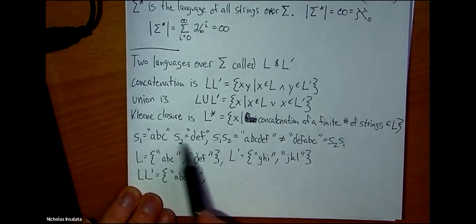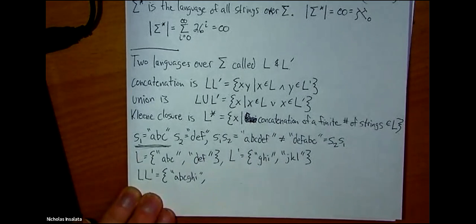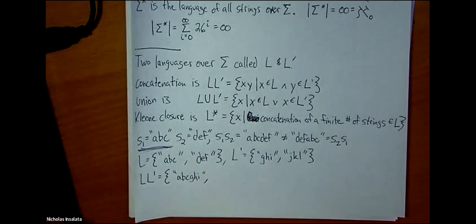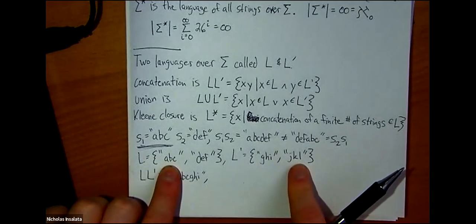No, so these are just strings, whereas these are languages. So here, two different examples. Sorry, I was being confusing. Oh, that was, okay, I see. That was your last answer. Okay, sorry, my bad. I just read it wrong. Okay, so what would the second string be in the concatenated language? I'm glad I misinterpreted it because it was a good wrong answer, right? An illustrative incorrect answer. ABCJKL.